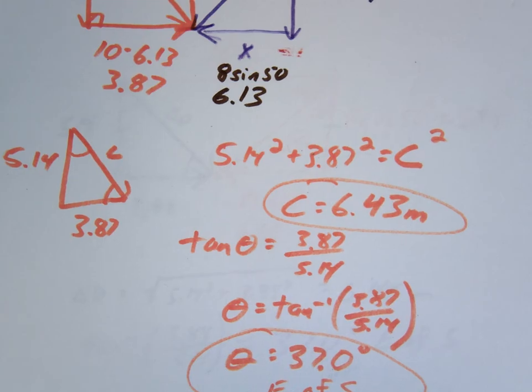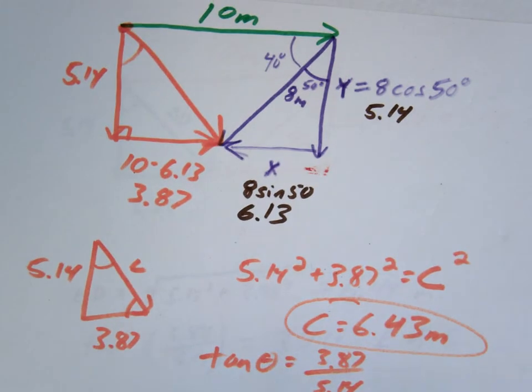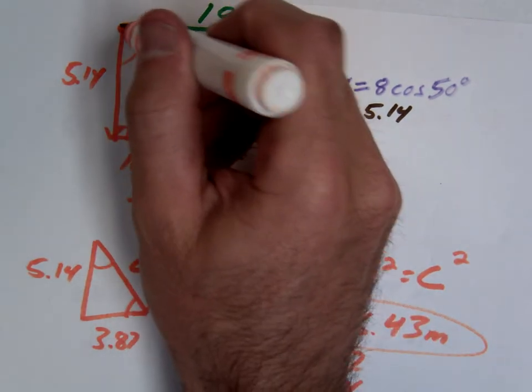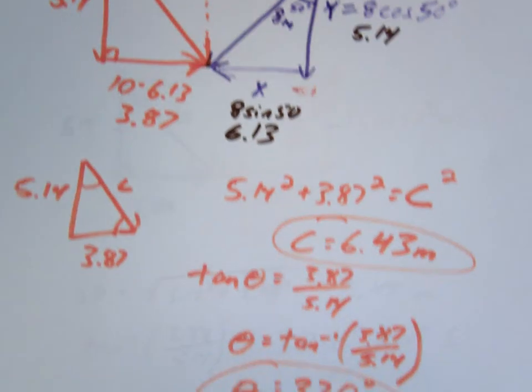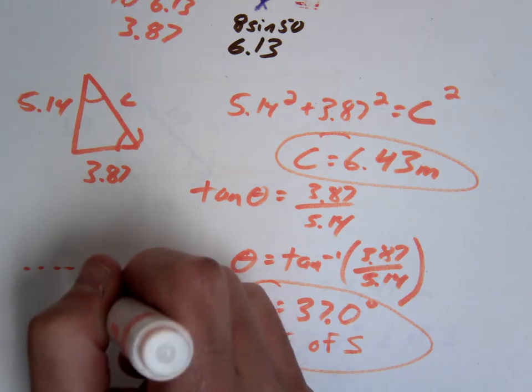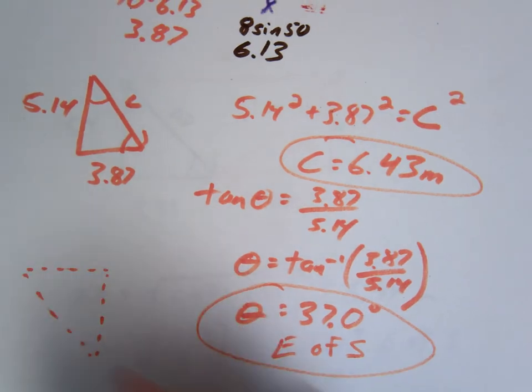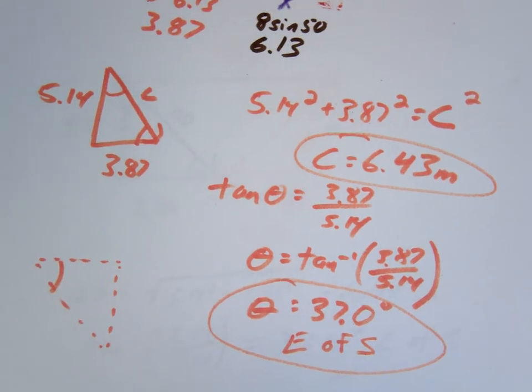Now, just a little side note here. You could have drawn your orange triangle slightly different. You could have gone across and down. That's fine. What would have been different? Did anyone do it like that, where they went across and down? Nobody did? If you did that, that's fine. You would just get a slightly different direction.